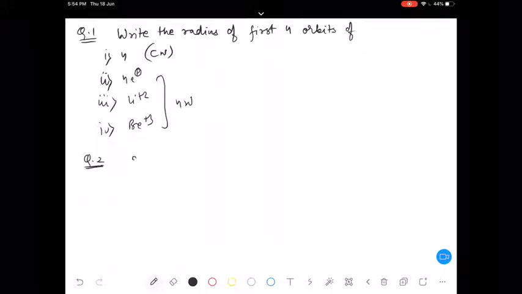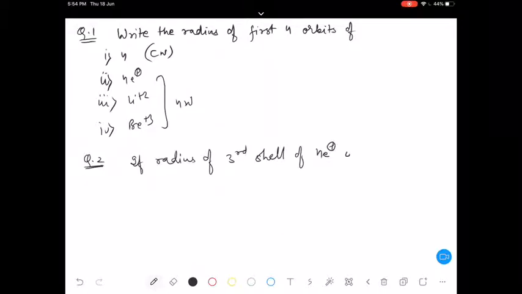Question number 2. If radius of third shell of helium positive is x, let's say 10 units, I'm just writing any random value, or if I write x, that will be fine, right? Let's say it is x.